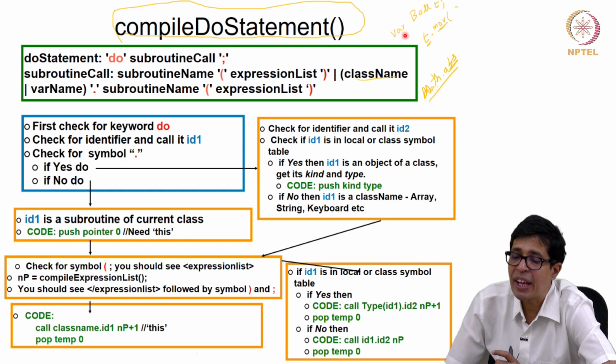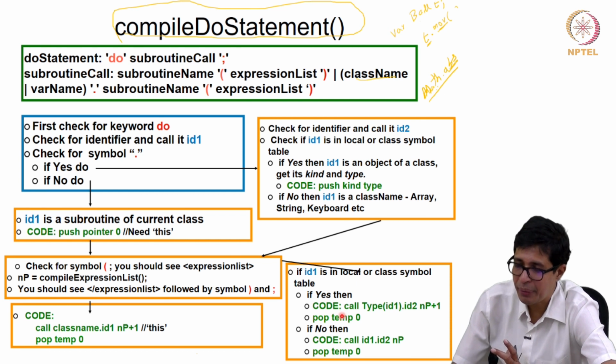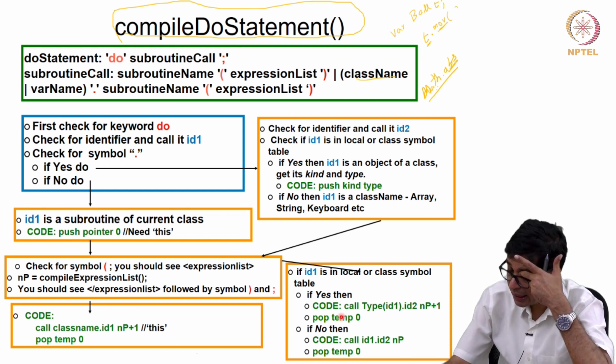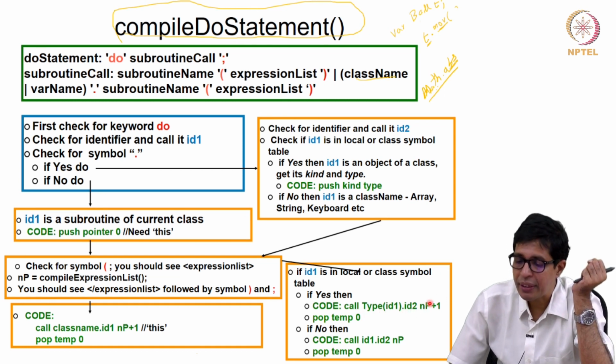So if I have var ball t and I have t dot move, the code that we put in the VM is call ball dot move with np plus 1. np plus 1 is the number of parameters plus 1 for the this. Then again pop temp 0.